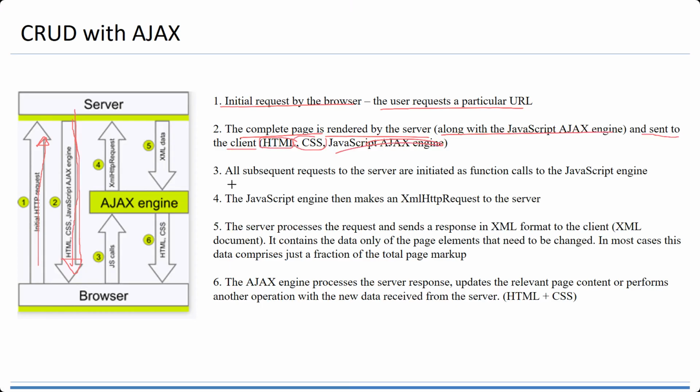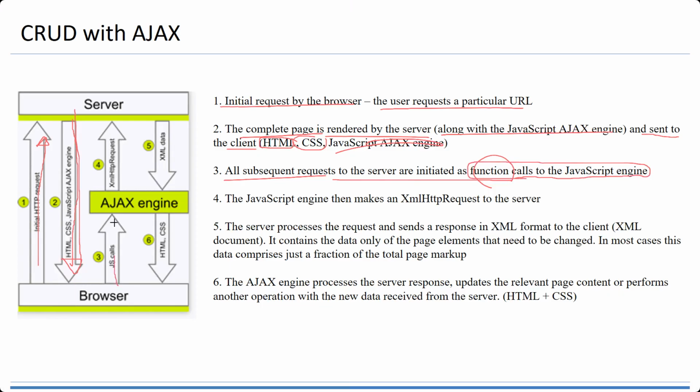And then whenever you do something with the web, all subsequent requests to the server are initiated as function calls. So we will create the function that calls the JavaScript engine. Later we will check how to make the function call.